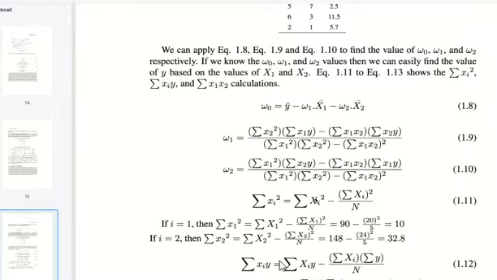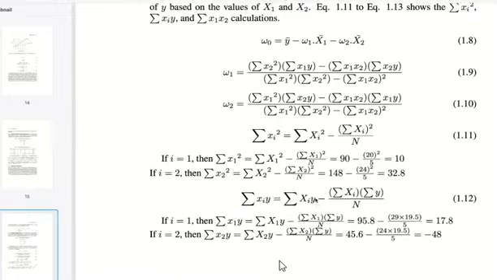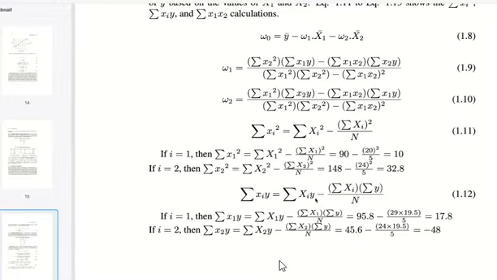You see that 1.9 and 1.10 are about small x, so we need to go a further step, from small x to capital X. Our column is about capital X, x1 and x2. It makes the relation like, if i equals 1, then the summation of xi squared, which will be like this.